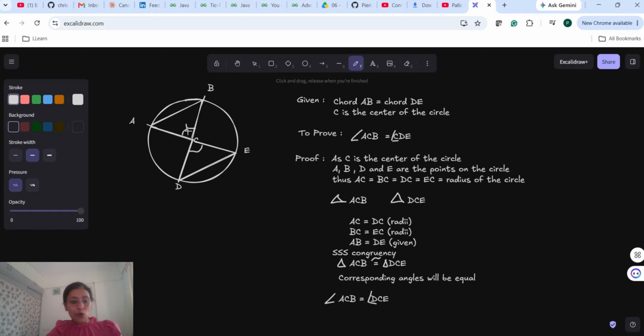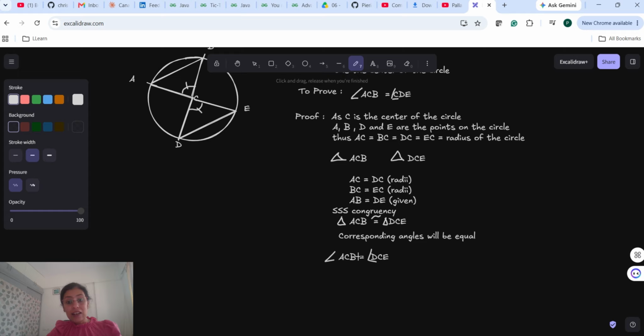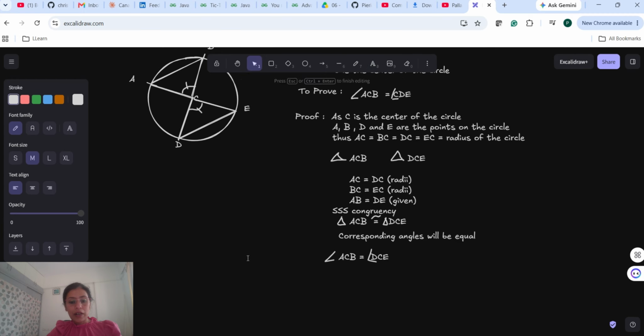So we are able to prove that these two angles are equal, right? And maybe we can write here, hence proved, right? So we proved that angle ACB is equal to angle DCE.